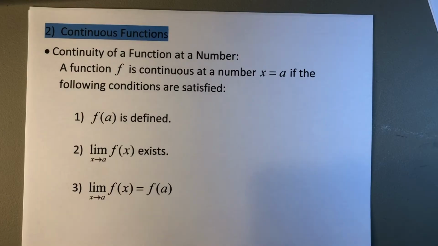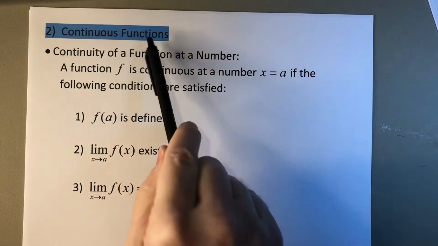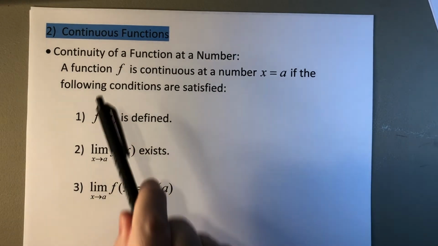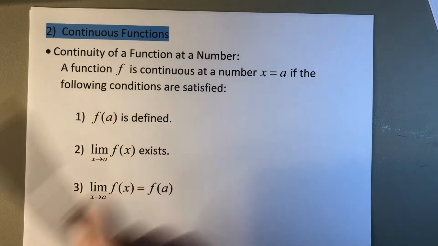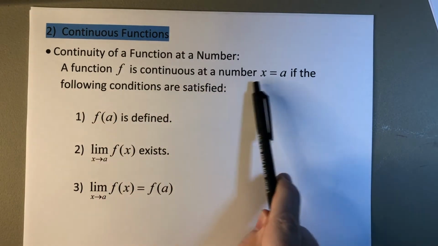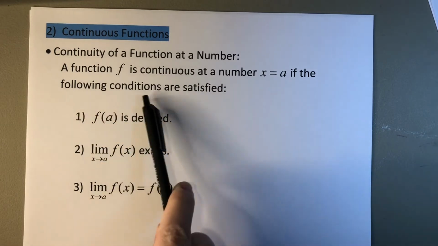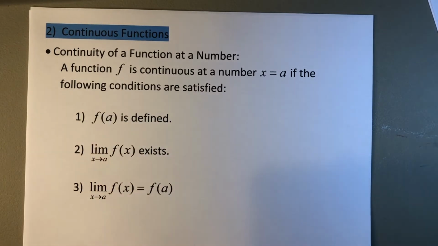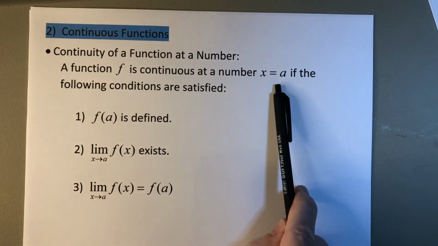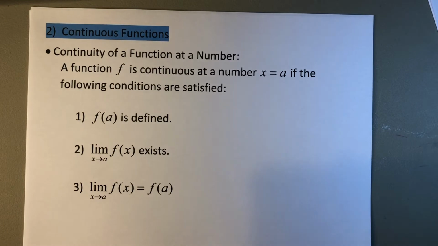The next topic of discussion would be continuous functions. The first thing we're going to look at is the definition of continuity of a function. A function f is continuous at a number x equals a if the following conditions are satisfied. There are 3 conditions that must be met to show continuity at a specific x value on the graph of a function.